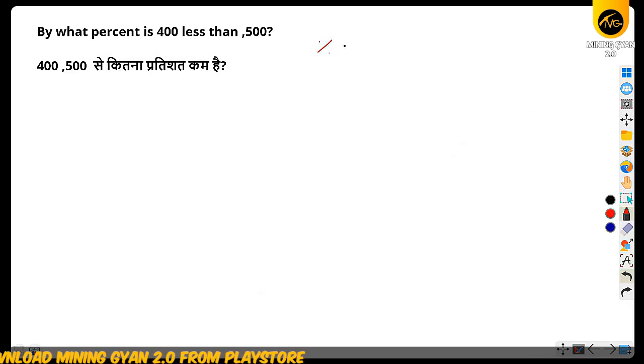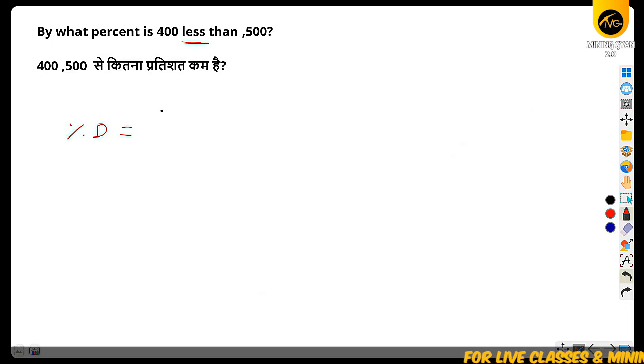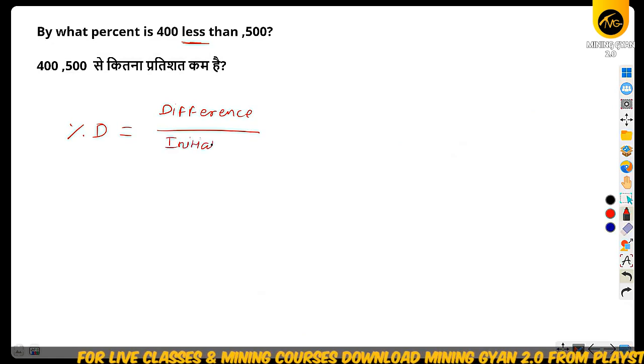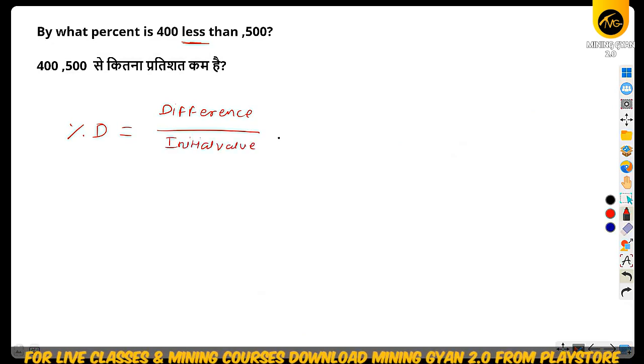Suppose percent D means decrement. It's a less than condition, that means decrement is equal to difference divided by initial value and multiply 100.